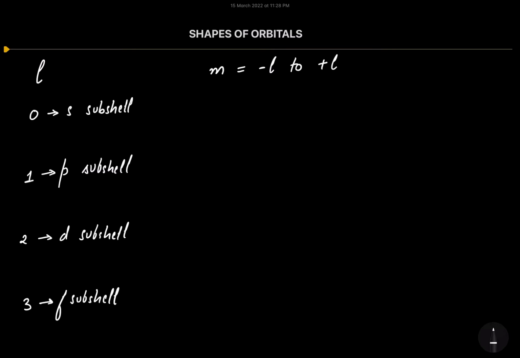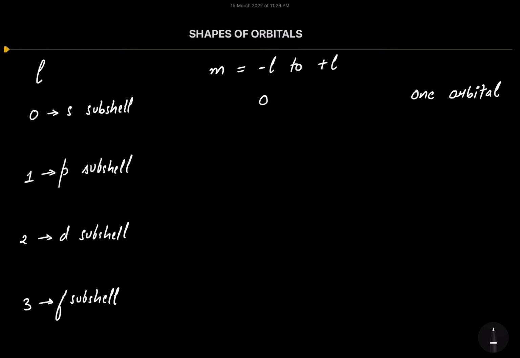So now let's evaluate the value of m for all the values of l. Let's first talk about the 0 value for the s subshell. The value of m will be only 0. We got only one value of m, that is 0. It specifies we have only one orbital in s subshell.